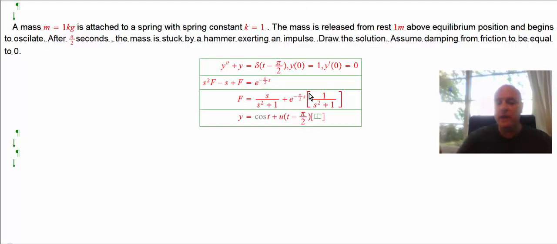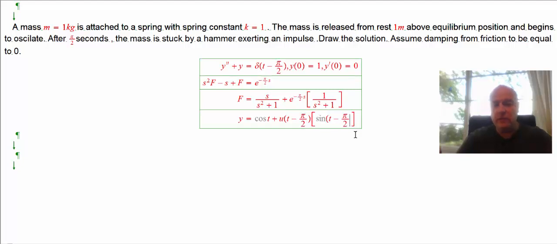Now what's inside the square bracket would normally unLaplace to be sine. But I don't just write sine, I write sine shifted, so the argument has to match the argument of the Heaviside step function. So it's not just sine of t, it's sine of t minus pi over 2. So there's my solution.